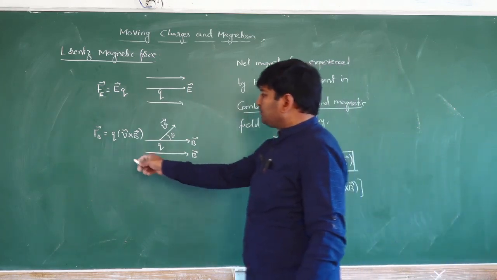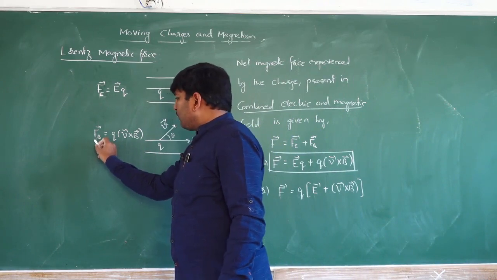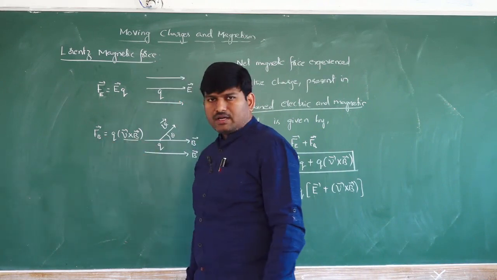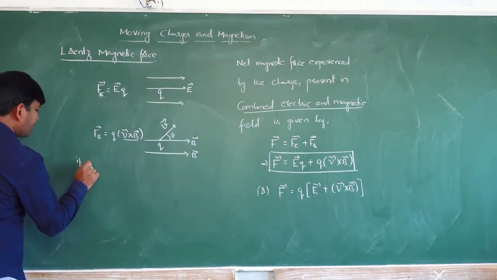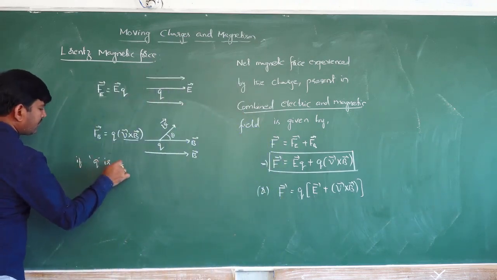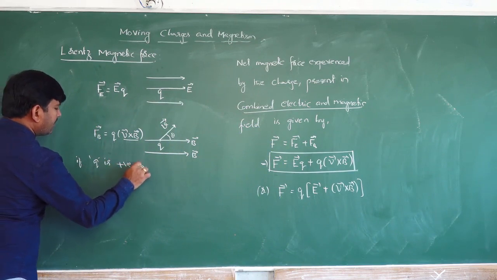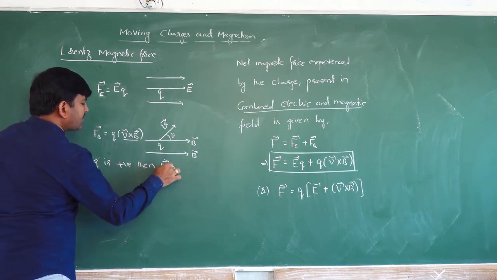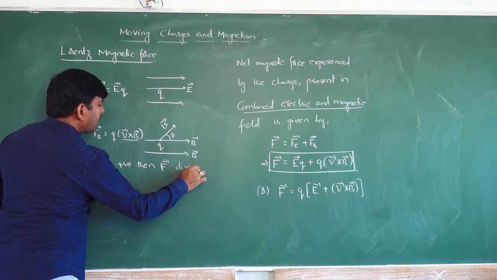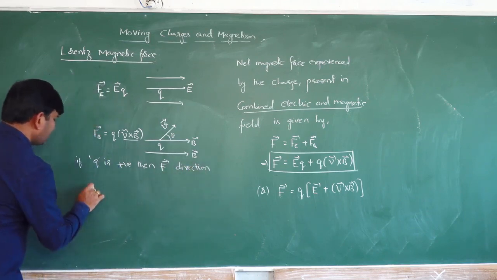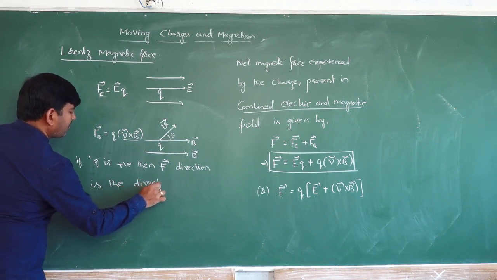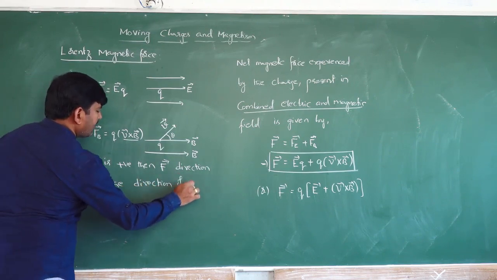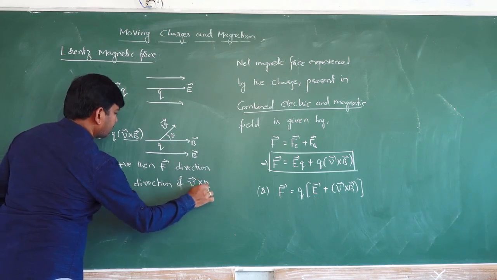Similarly here also, the direction of magnetic force is the direction of V bar cross B bar. If Q is positive, then F bar direction is the direction of V bar cross B bar.